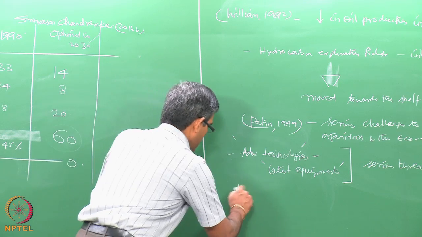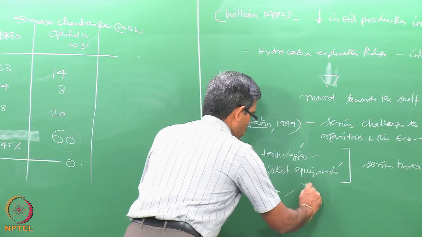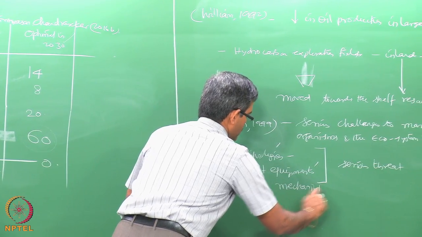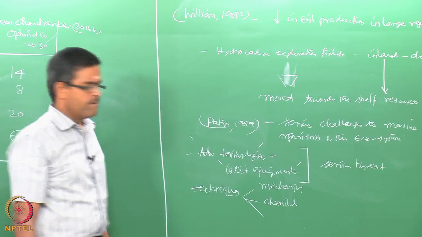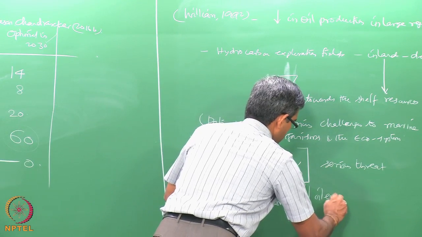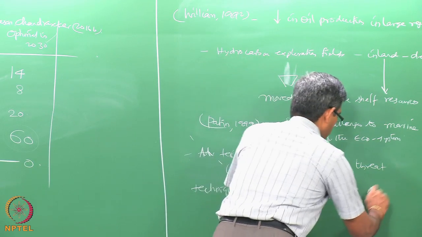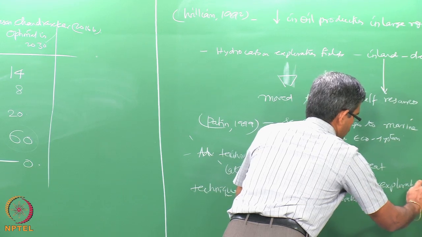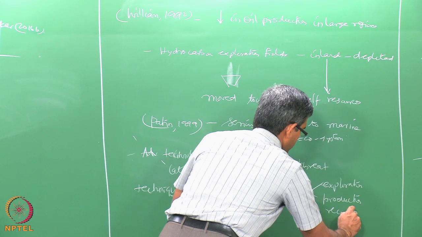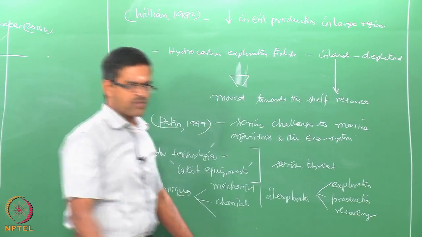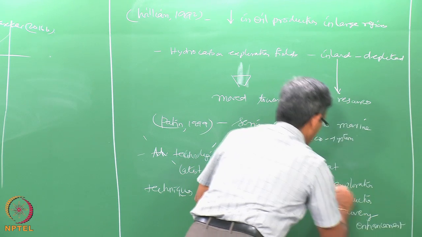So, there are techniques which people follow by mechanical means, by chemical means in oil exploration, in different sectors, starting from exploration, production, recovery and processing, or recovery enhancement and processing.